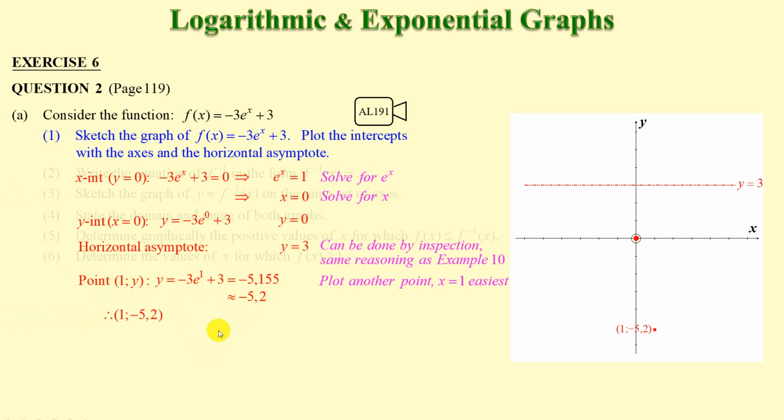And there's the point. So we can now plot our graph. Clearly, it's got to go through there. It's got to go through there. Well, it's moving to the left then, so it's got to go to the left, asymptotic.